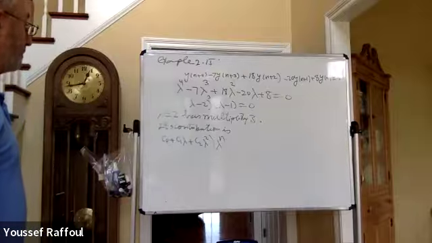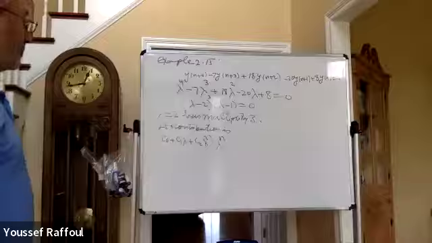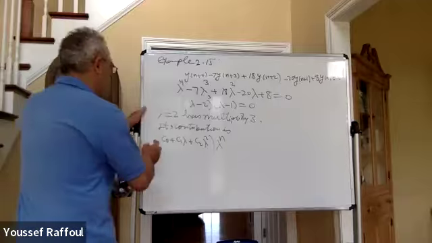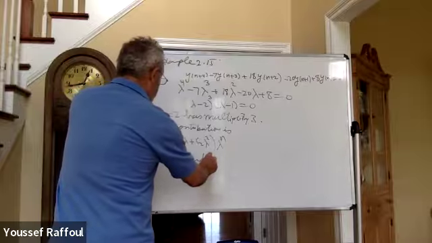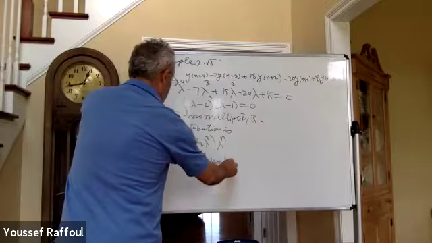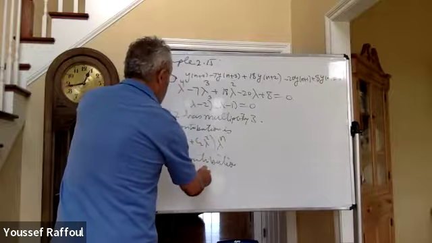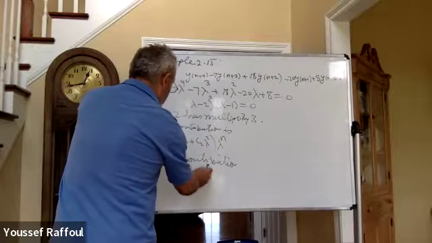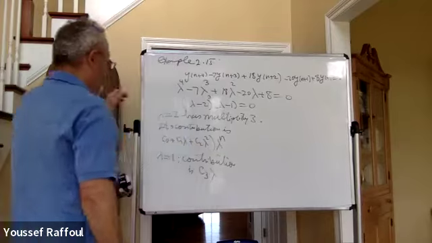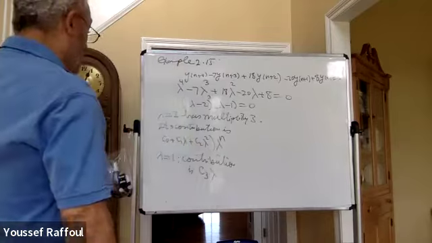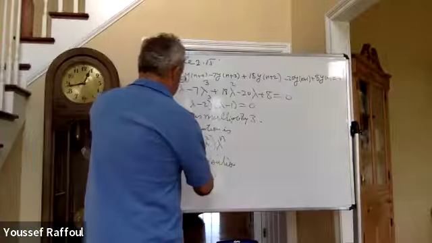Okay? And lambda equal 1 contribution is C3. Okay, lambda equal to 1, C3.